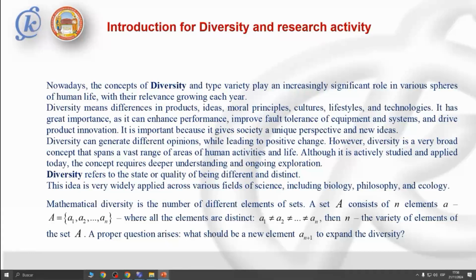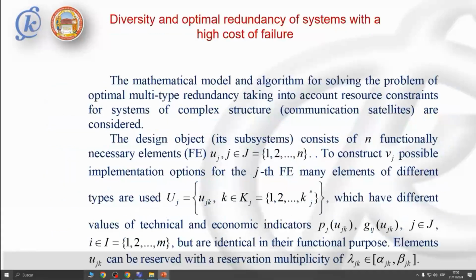It's very interesting, and it's a question for researchers, for scientists, for application. This idea was developed for reliability. I was involved in a project for the creation of a satellite, a critical system, very expensive, and redundancy was one part of supporting higher reliability of this complex system.